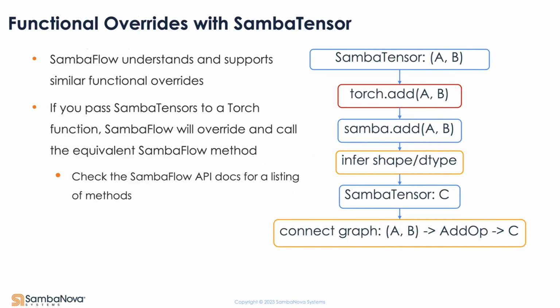So that leads to a torch.add. And SambaFlow will recognize this and call Samba add on those. It'll do the inference on shape and type and generate a Samba tensor, and then that will be made part of the full model graph. And that's all transparent. You don't have to actually specify those. You can just leave your torch.add where it is, and we'll intercept it. And the same for most functions in PyTorch.